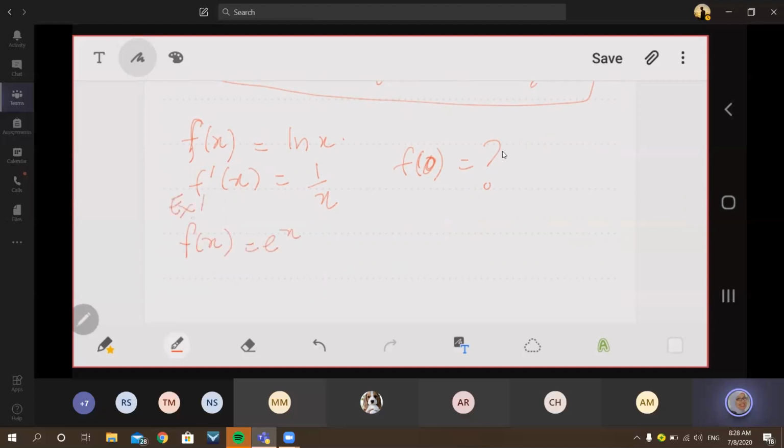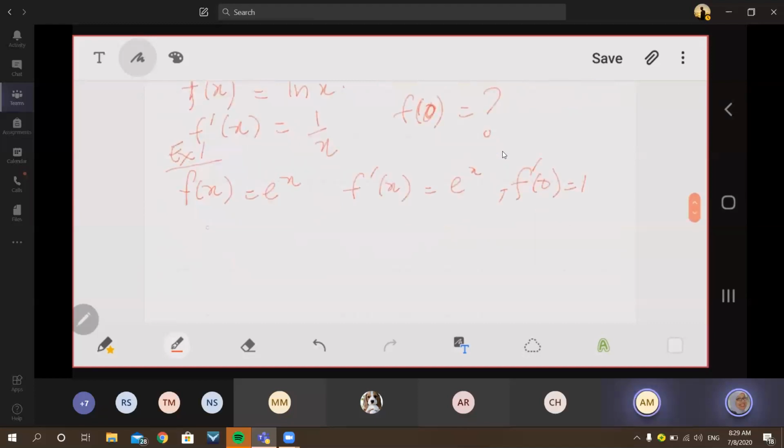We know that f prime of x is equal to e to the x, and f prime of 0 is equal to, when x is 0, what do you get? 1. So if you use Maclaurin series, we know that they are all 1.